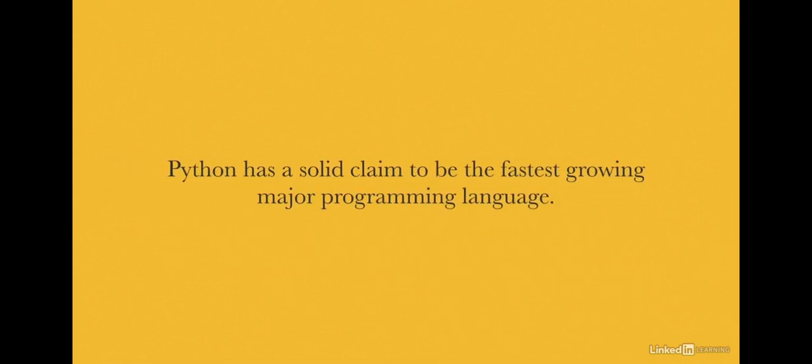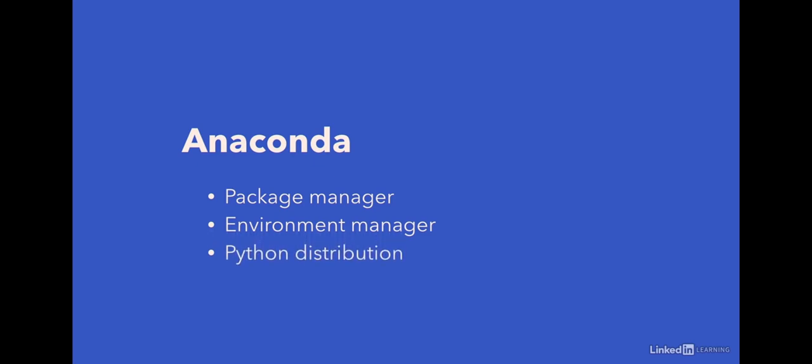So as far as why we use the Anaconda Python distribution, Python has a solid claim to be the fastest growing major programming language. And Anaconda is the strongly recommended way of installing Jupyter Notebooks. So what Anaconda really is, is a package manager, an environment manager, and Python distribution. Think of it as kind of like an app store for Python. Data visualization projects require many different packages and libraries.